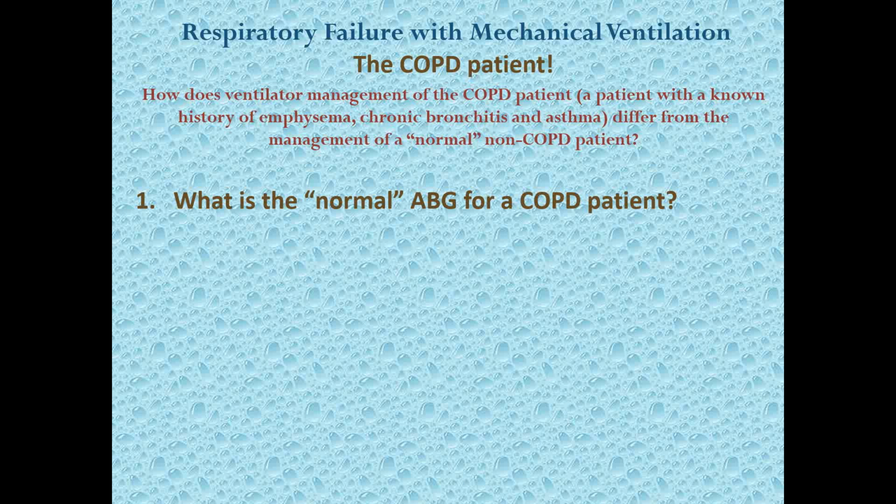In other words, on a good day for a patient diagnosed with COPD, what would their ABG look like? Pause the recording and identify, what's their patho? What's the problem that they have on a good day? And what would you expect to see?